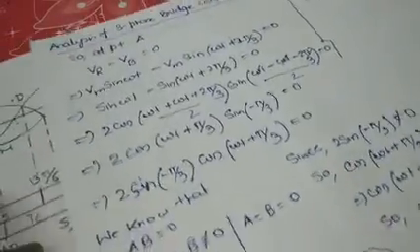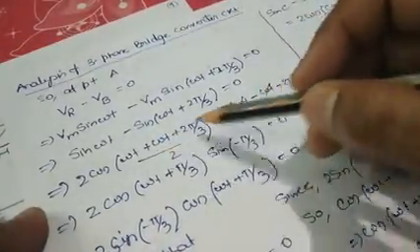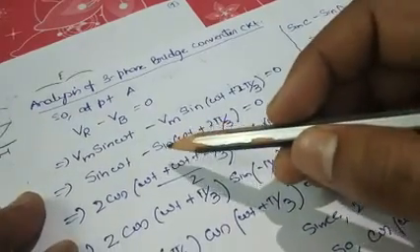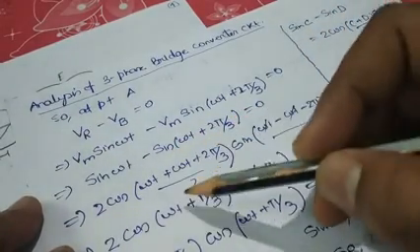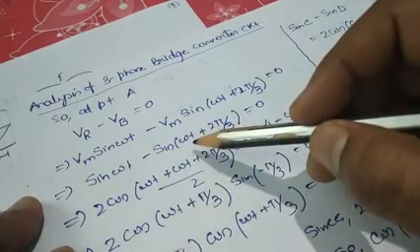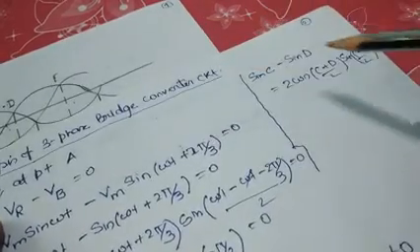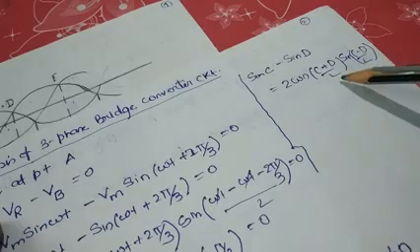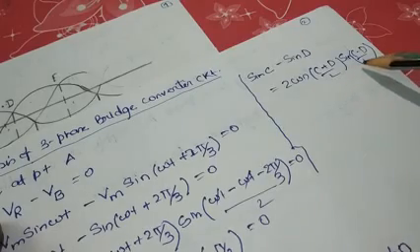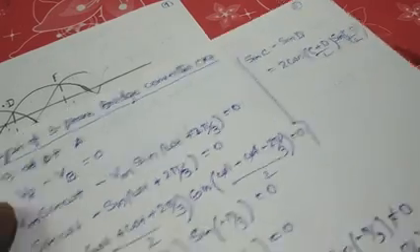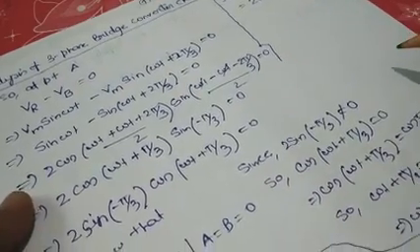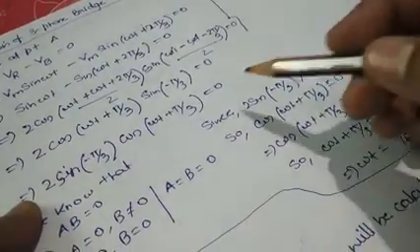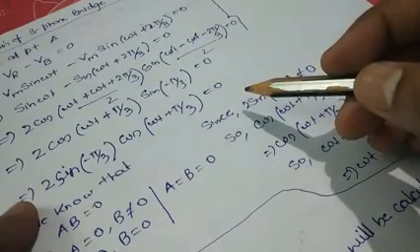It is very easy. You can easily see this. It is sin omega t minus sin of omega t plus 2 pi by 3. Using the sin C minus sin D formula, which you all know, 2 cos of (C plus D)/2 into sin of (C minus D)/2. Further simplifying, we will get 2 sin of minus pi by 3 into cos of omega t plus pi by 3.